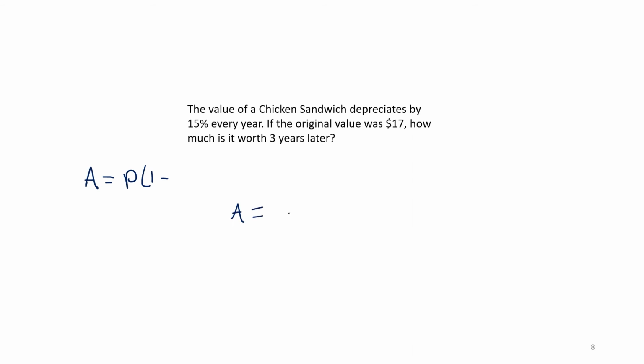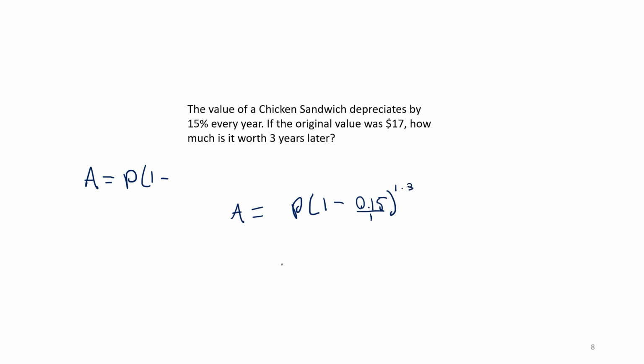A equals P times 1 minus 0.15 raised to, technically there's an N under here, but it's just 1 because we only compound once per year. And 1 times 3 years later.